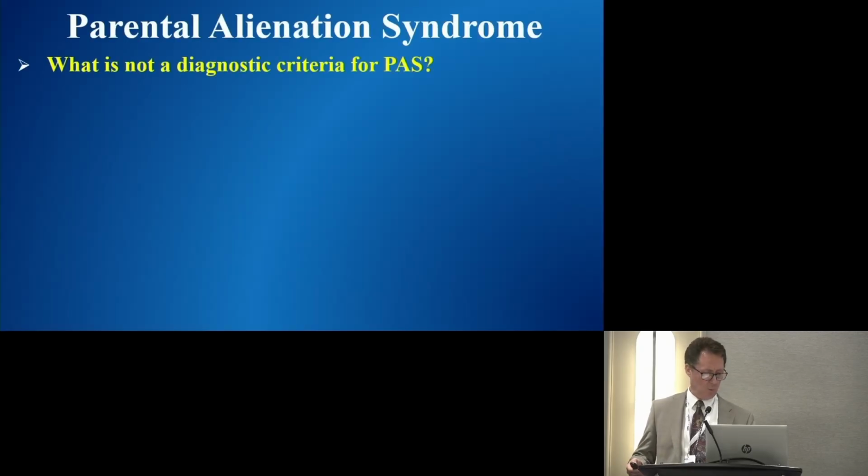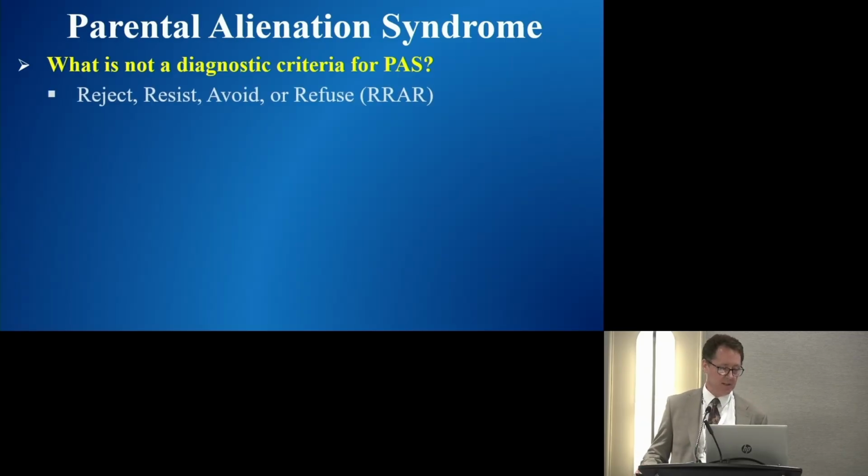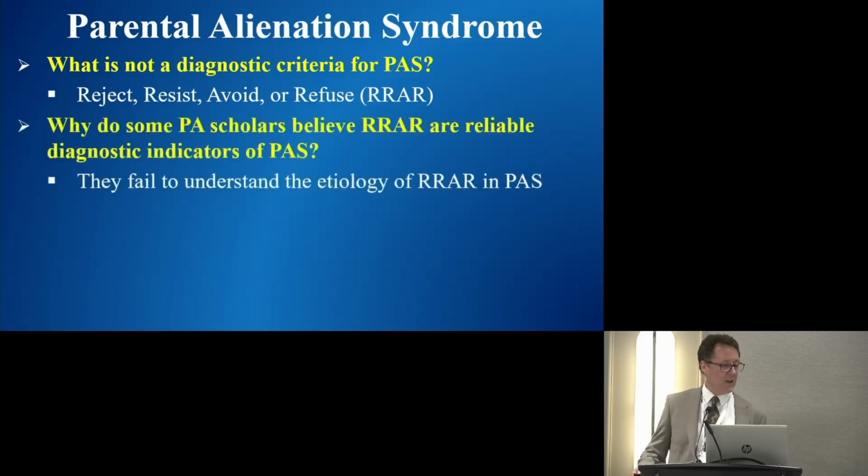Let's take a look at what is not a diagnostic criteria for parental alienation syndrome. Reject, resist, avoid, or refuse. It's not a criteria. Why do some PA scholars believe that reject, resist, avoid, or refuse are reliable diagnostic indicators of parental alienation syndrome?